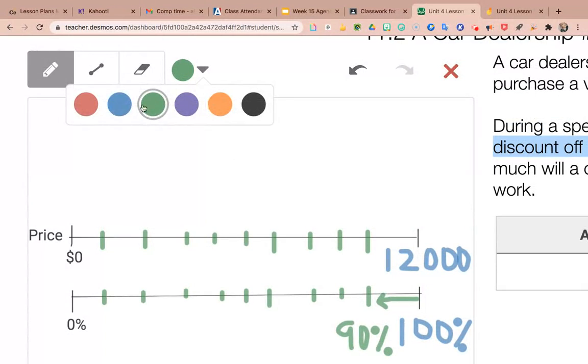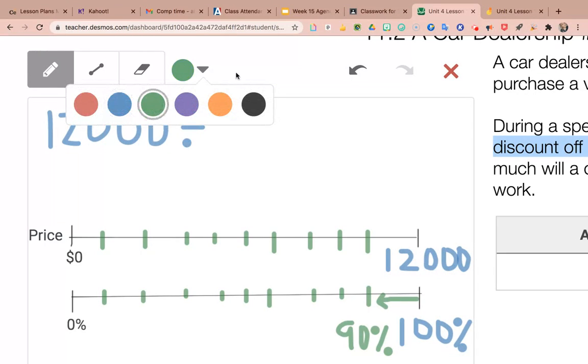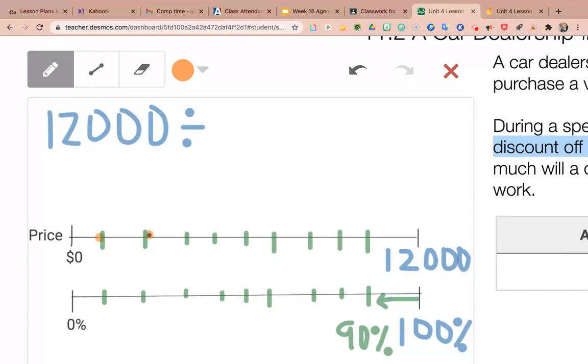So I'm going to take my $12,000 and I'm going to cut it into 1, 2, 3, 4, 5, 6, 7, 8, 9, 10. And if you don't know how I got the 10 pieces, it's because there's 10 10% in 100. So 10 10% make 100. So 10, 20, 30, 40, there's 10 of them to make 100.